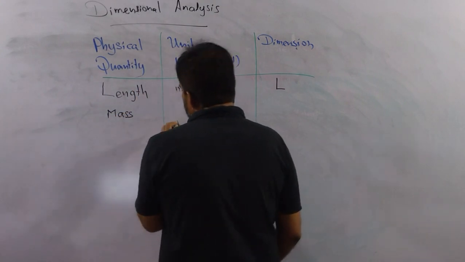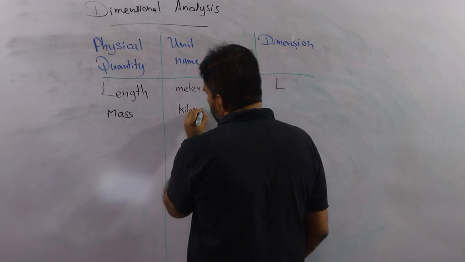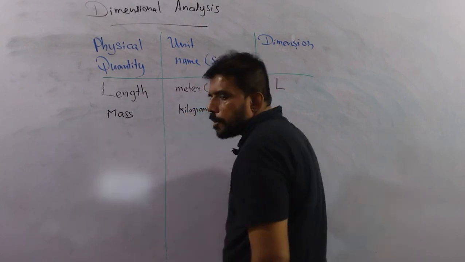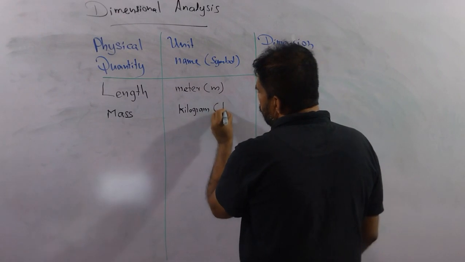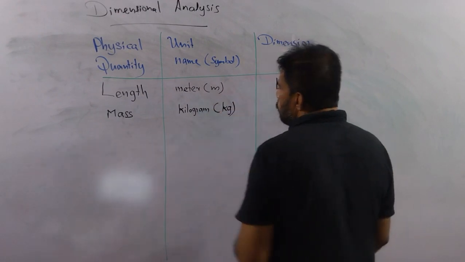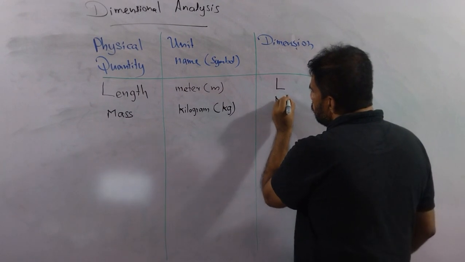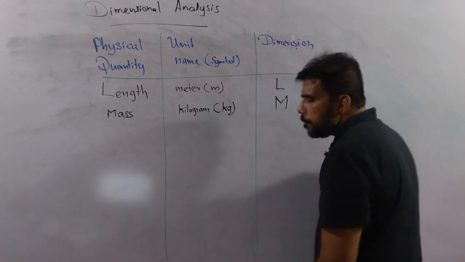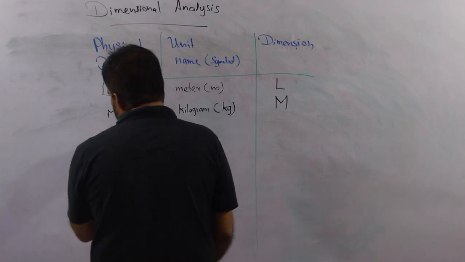Mass, we know it's kilogram, and the unit symbol is kg, and its dimension is capital M. Next, time.